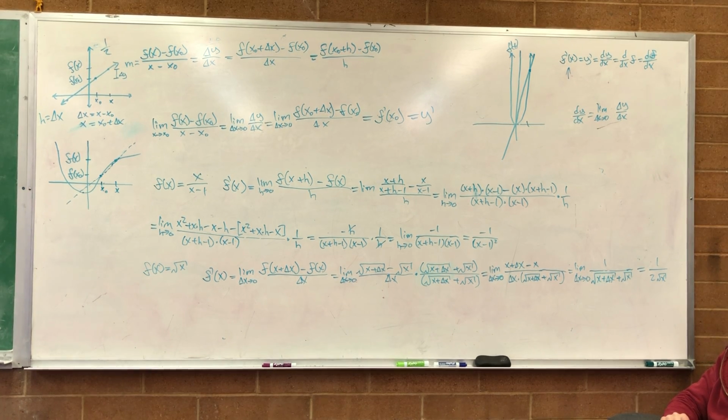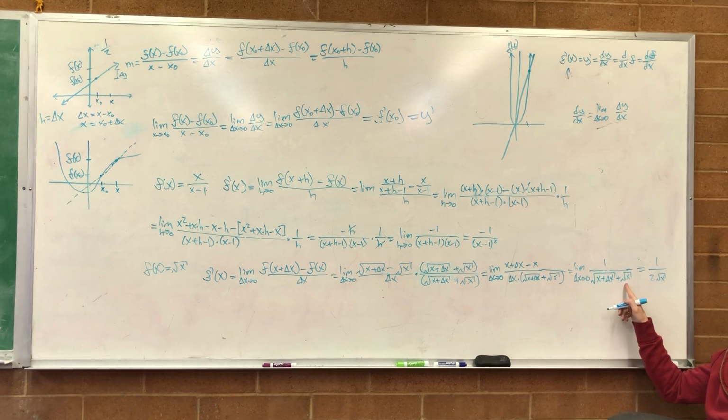Wait, aren't the square roots of x being added together, not multiplied together? Yes, they are being added together. So if I have 1 here and 1 here, how many do I have? Oh, that's right. Multiplying square roots would give me an x. Yep. Okay, so there we go. That's our derivative function.